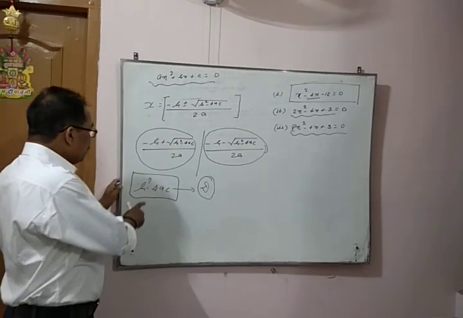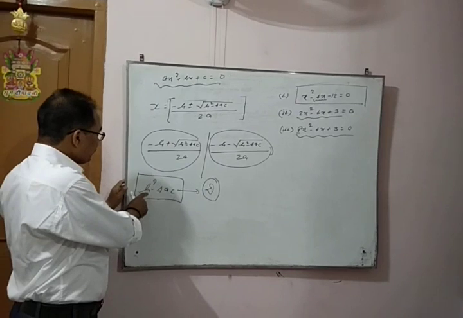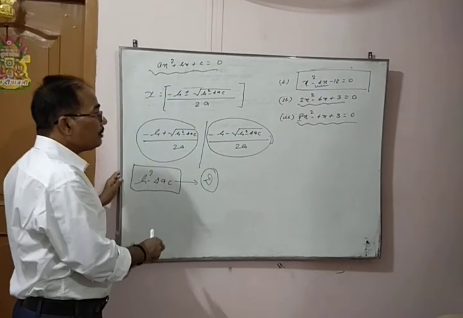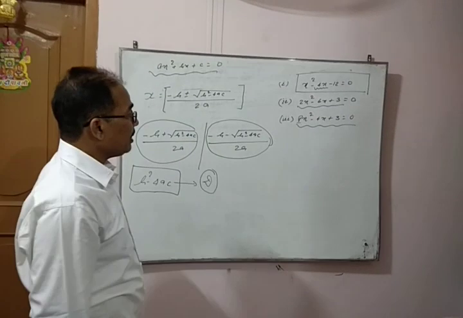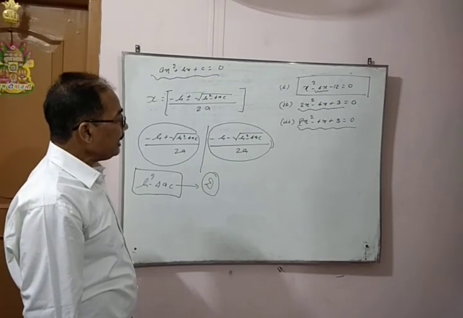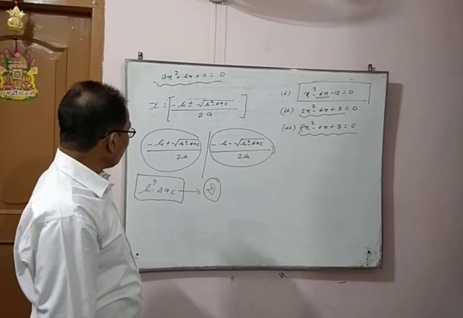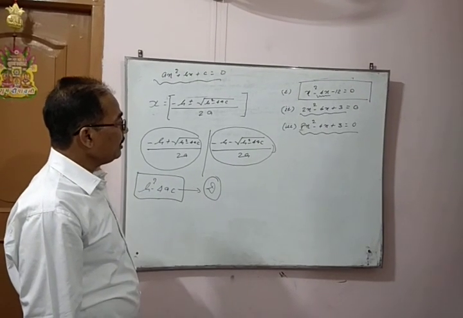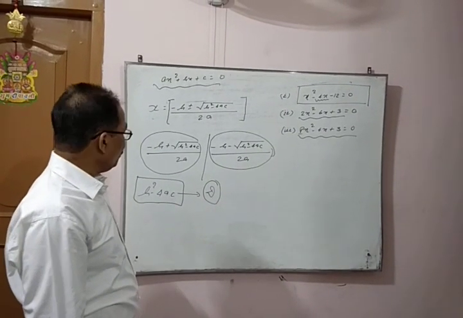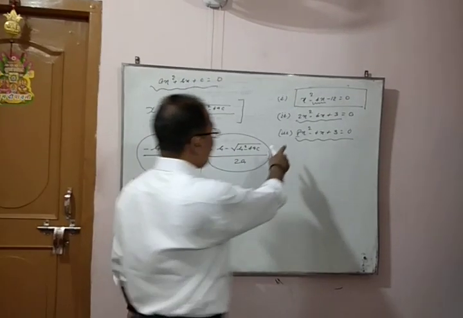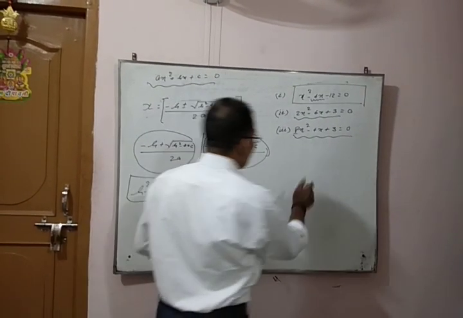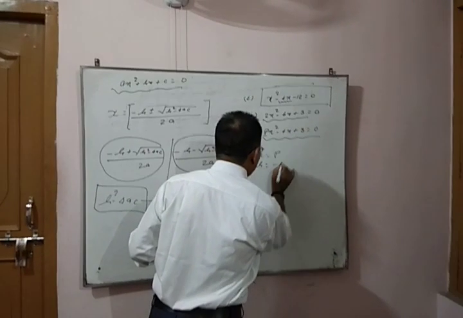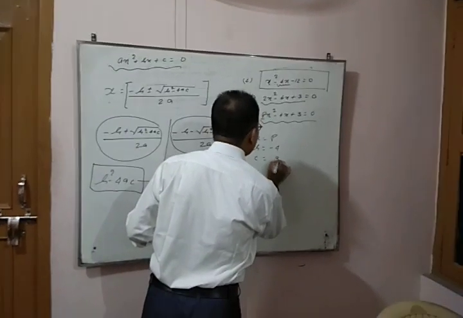Calculate the values. You make the equation b square minus 4ac equal to 0. Then you will get another equation, and from it you will get the value. Like in this question, find out the value of p. So here a equal to p, b equal to minus 4, and c equal to 3.